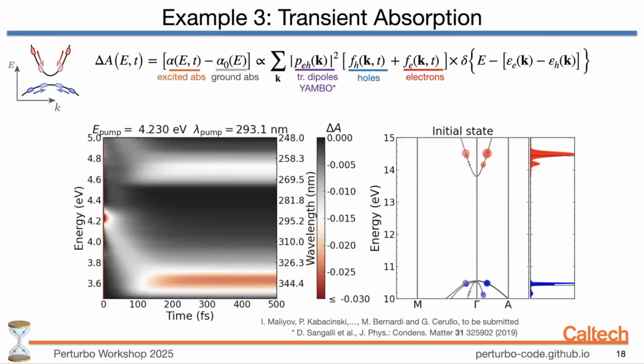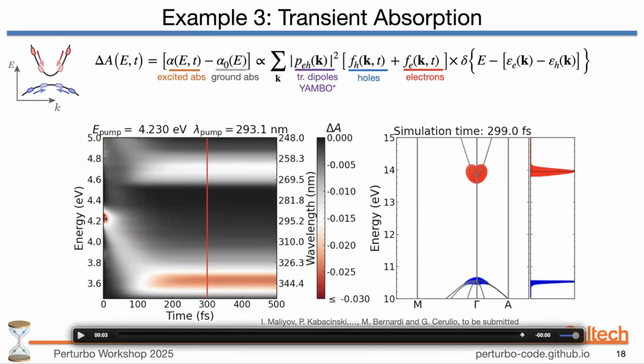So for example, this is a simulation done for gallium nitride. And you can see that as the simulation time goes on, the transient absorption signal shows a carrier cooling from this point to this energy. And we'll be doing something very similar today with a much smaller grid.